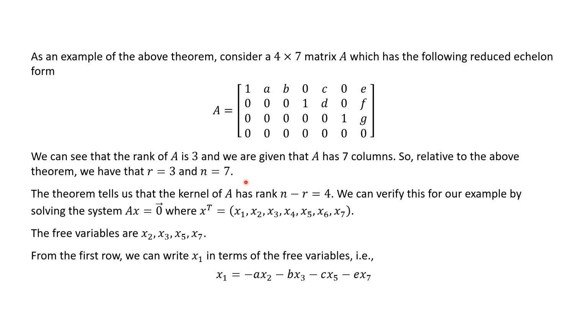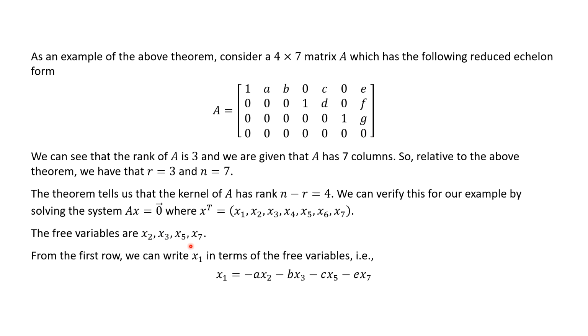This here is our A. Then X would just be, I have the transpose here because X is a column vector, but I didn't want to take up half the page writing it as a column, so I just said X transpose is this. These are the components. And then the free variables are x2, x3, then another one here is x5, and then the last one x7.